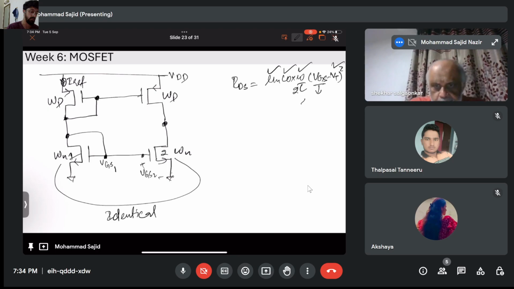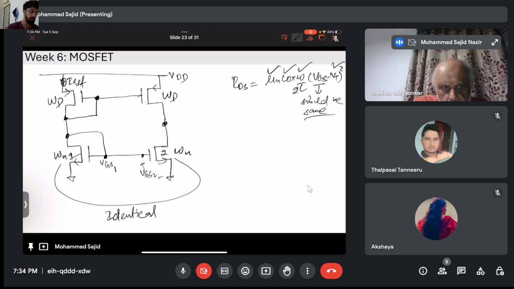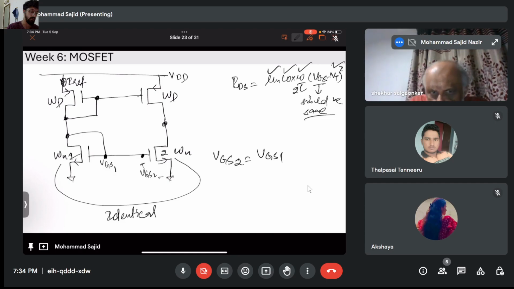VGS, right? VGS should be same. So that is the principle of current mirrors. What happens is the potential developed here, in this case VGS1, directly gets applied to VGS2 as well. That is, VGS2 is directly equivalent to VGS1.